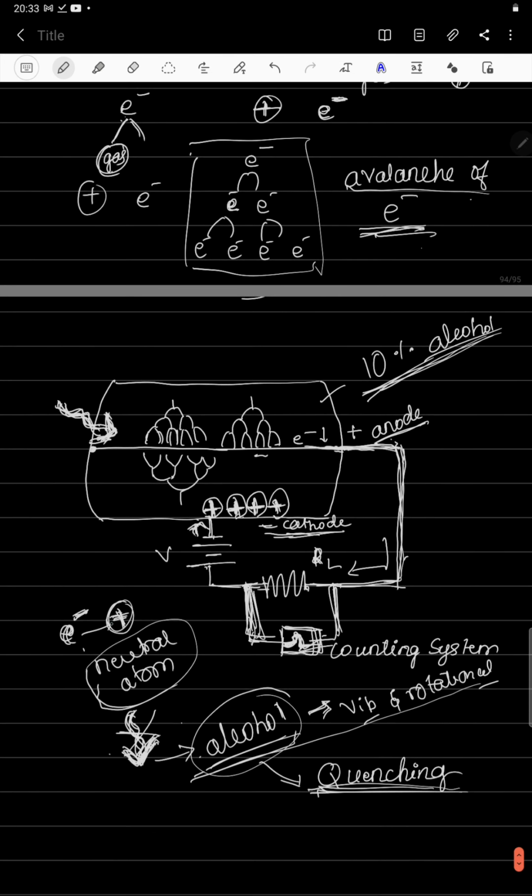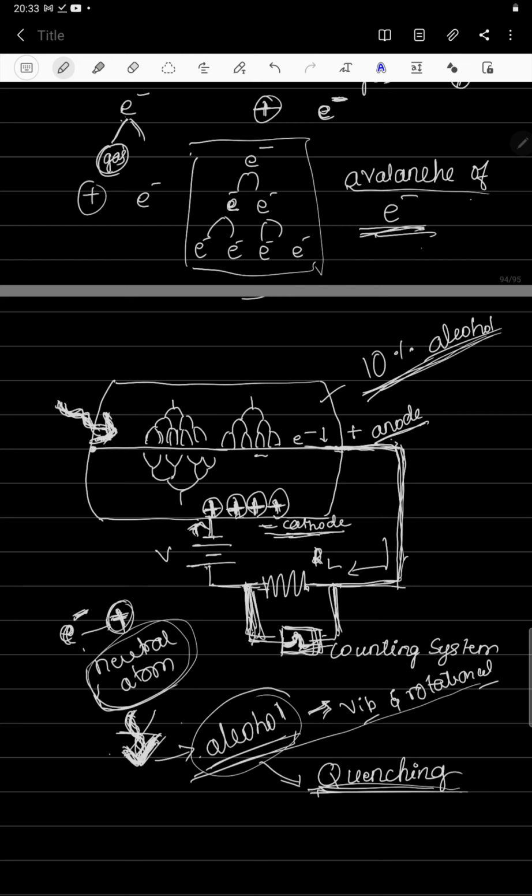When an electron reaches a positively charged ion, this becomes a neutral atom. During this recombination there may again be formation of radiations. Again these radiations may cause ionization, but actually what we want is only the electrons which are produced due to the entering particle, not those generated inside the gas tube.